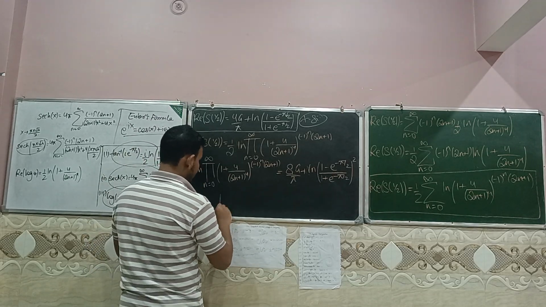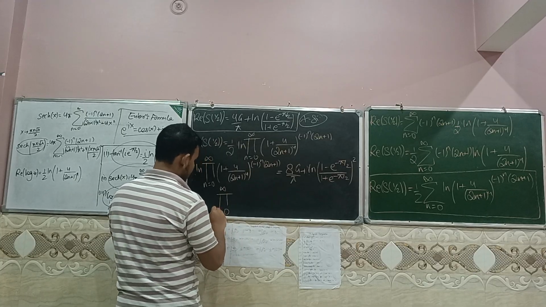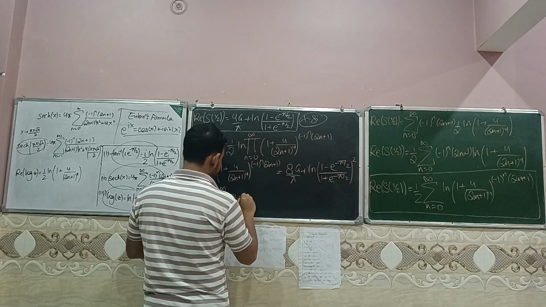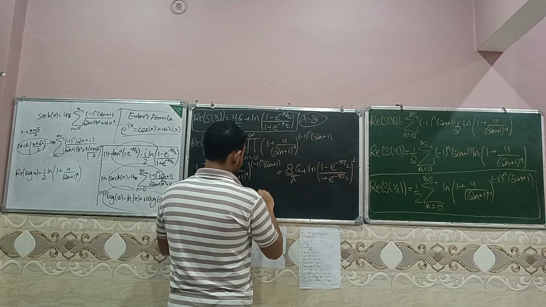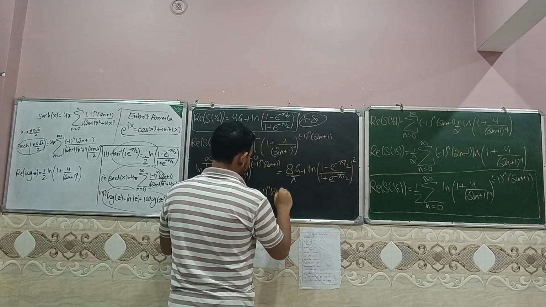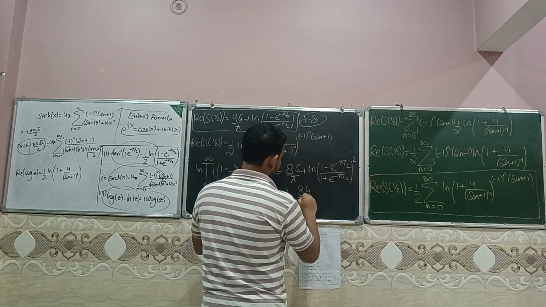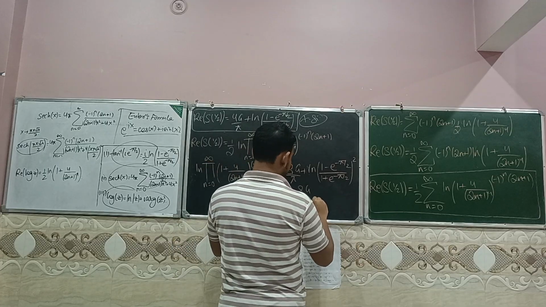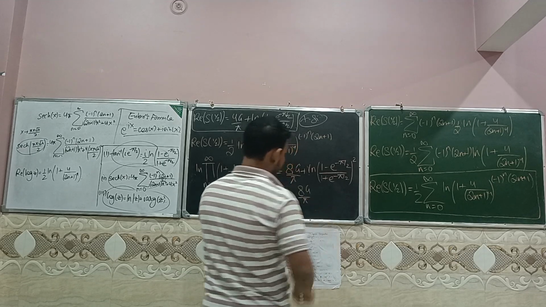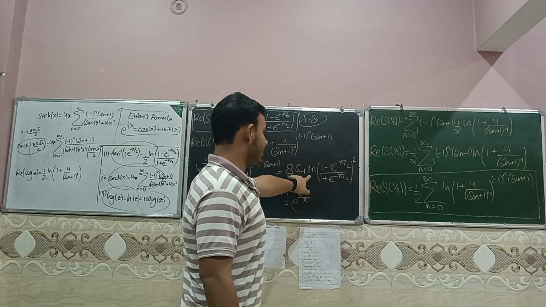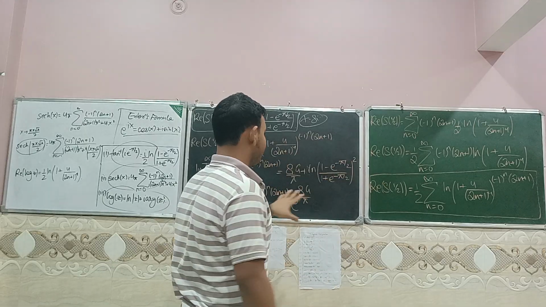So this becomes the product as n goes from 0 to infinity of (1 plus 4 over (2n+1)^4) whole to the (-1)^n times (2n+1) equals e to the 8G over pi, and times e to the ln, or maybe I hope you guys know, e to the ln is just the argument, just taking out the argument in the base.